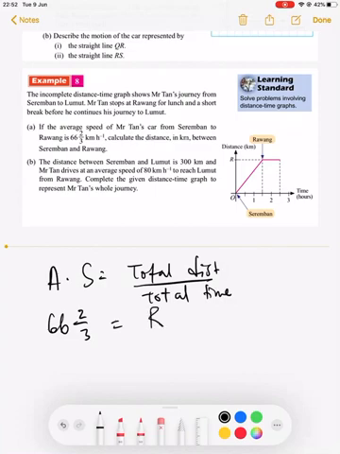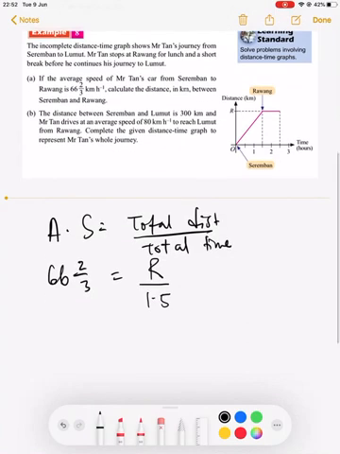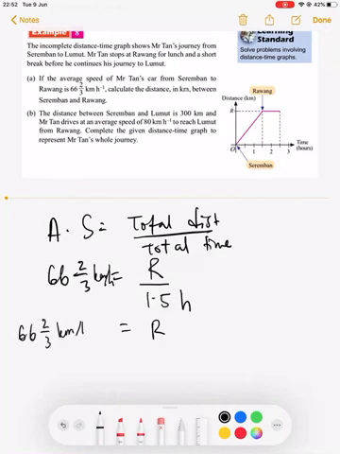So the total distance we don't know. We use the capital R, and the time 1.5. So R is 66 2/3 times 1.5. The unit here is hour, here is kilometer per hour. So 66 2/3 kilometer per hour times 1.5 hour.